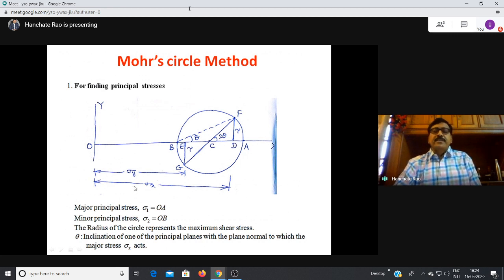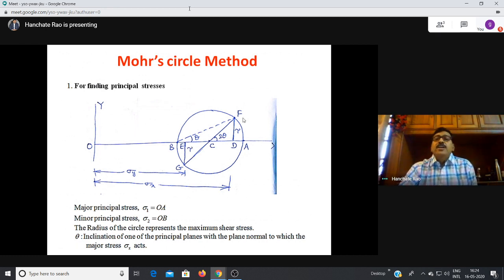So if sigma x is equal to 50 Newton per mm square, OD will be equal to 5 for the scale. So put 5 centimeters from O, you get point D. Now similarly, sigma y is equal to 20, let us say. So OE is equal to 2 centimeters. So now we know point D and point E on the x-axis.